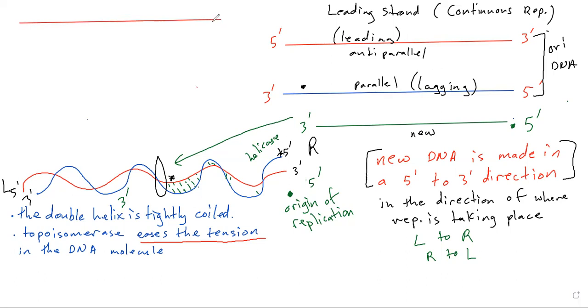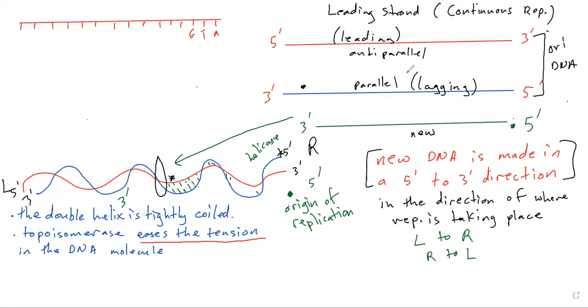Now, let us just put on some nucleotides. The nucleotides would be sticking off, sorry, the bases. So to make a new strand of DNA, let us say you have ATG here.